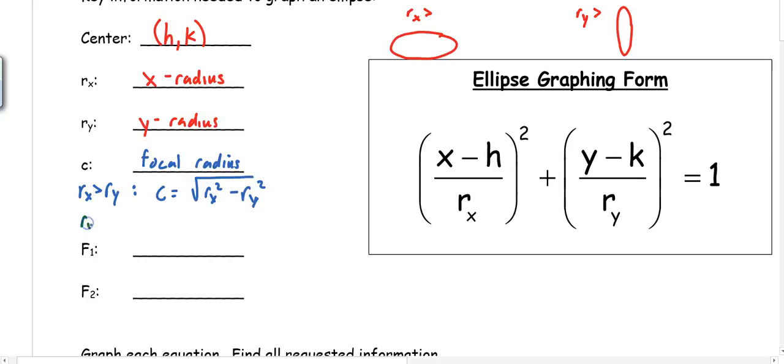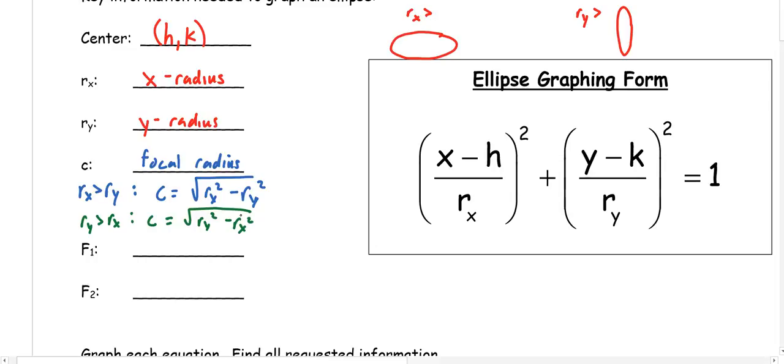If ry is larger than rx, then c is the square root of the y radius squared minus the x radius squared. So whichever radius is larger, we square first and then subtract the other one being squared from it.